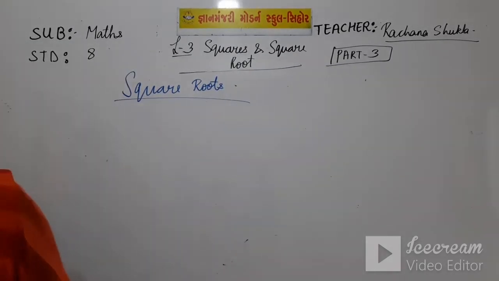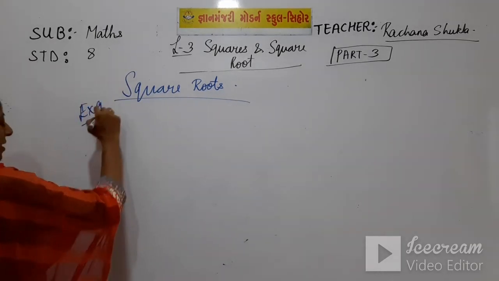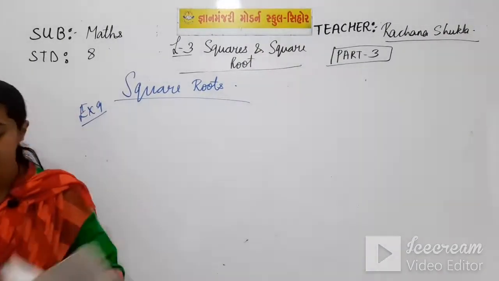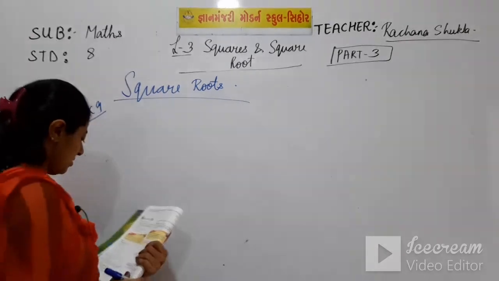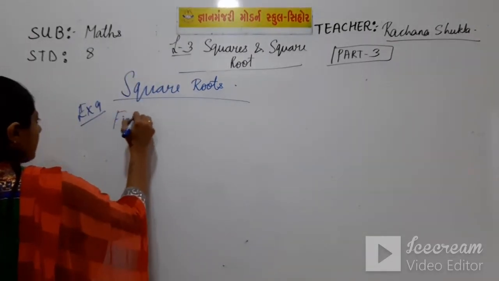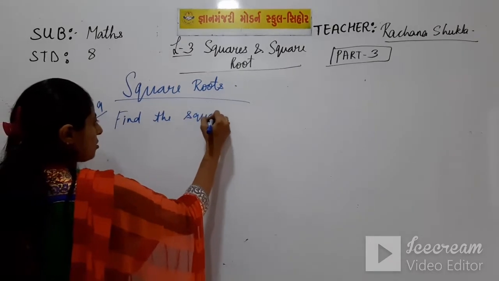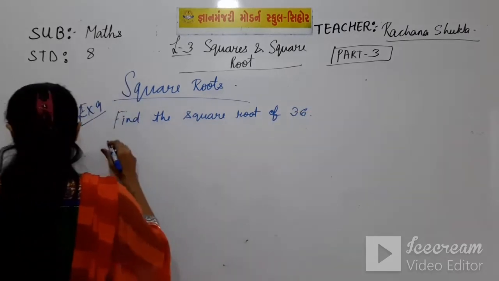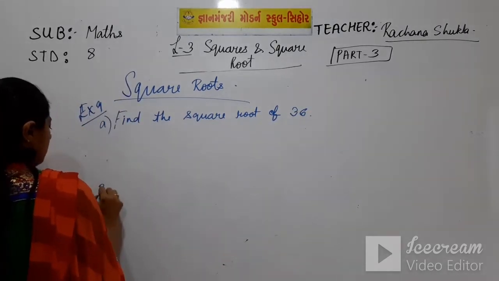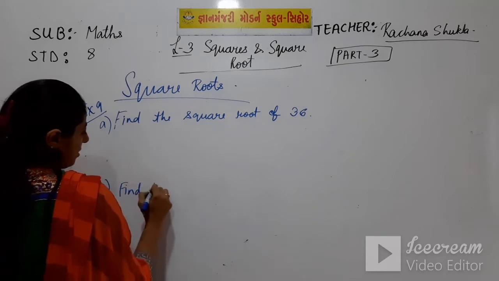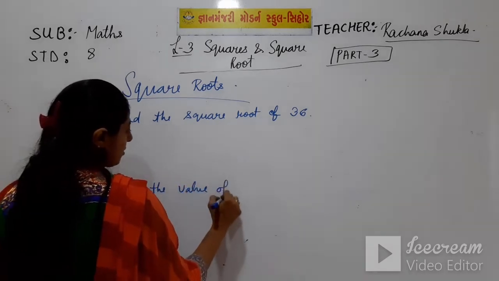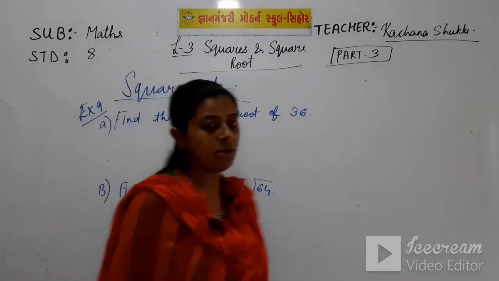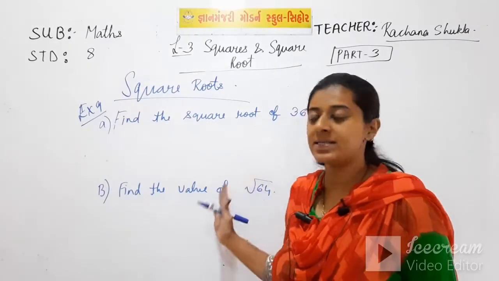Finding the square root, starting with example 9, a very easy topic, it will be easily understandable. Example 9, find the square root of 36, that is A, and B is find the value of root 64. This is your example 9, which you will do in your example book.